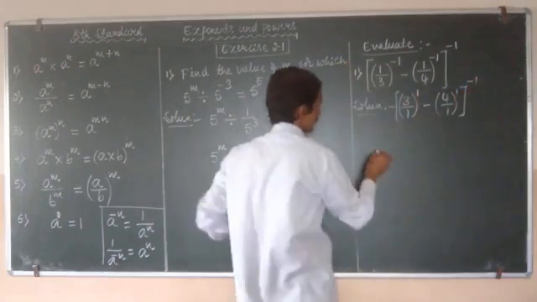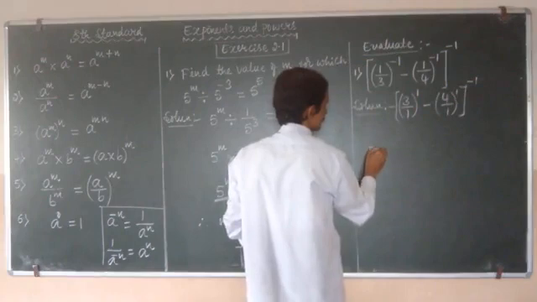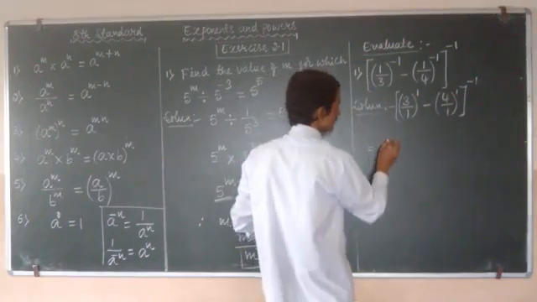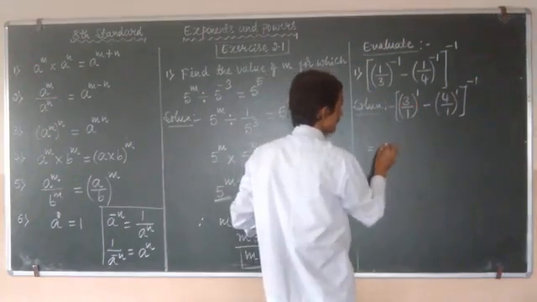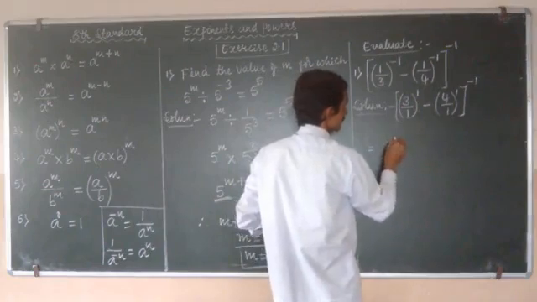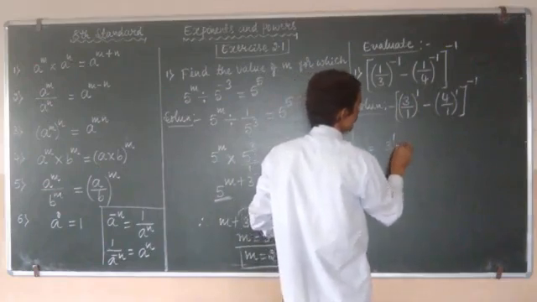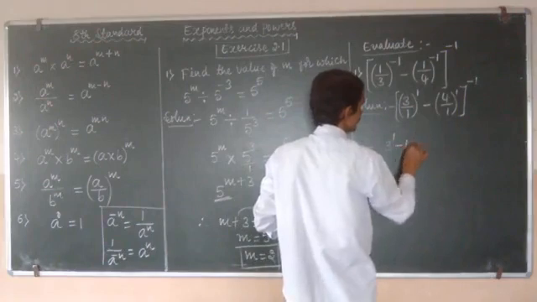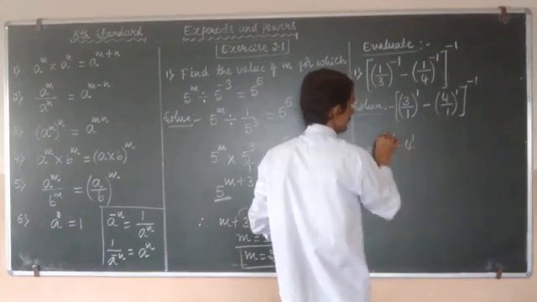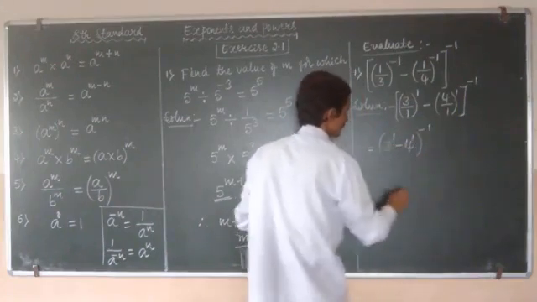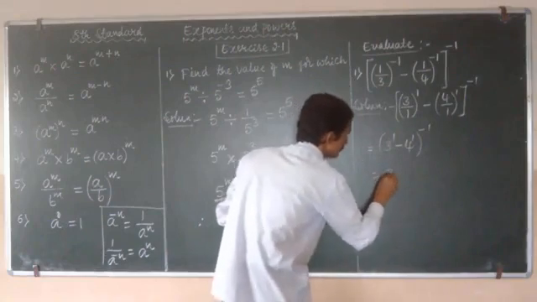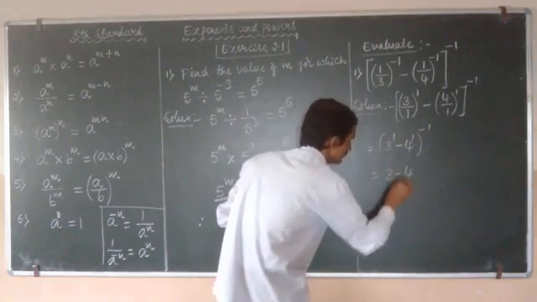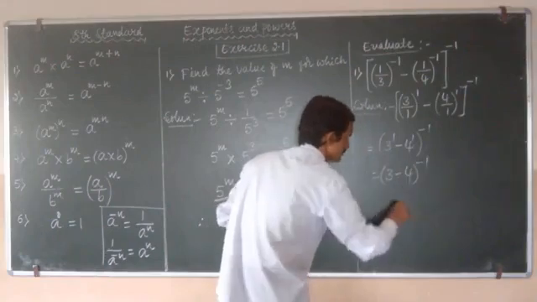1. So now, if the power is 1, the value does not change. So 1 is 3, 3 to the power of 1 minus 1 is 4, 4 to the power of 1, to the power of minus 1. So this will be equal to 3 minus 4 whole to the power of minus 1.